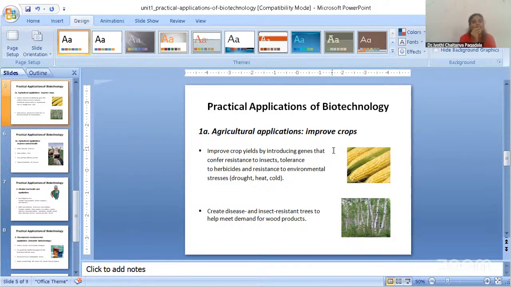So far, 27 transgenic crops are planted commercially.